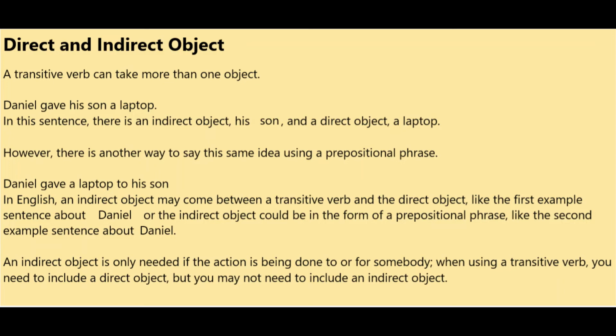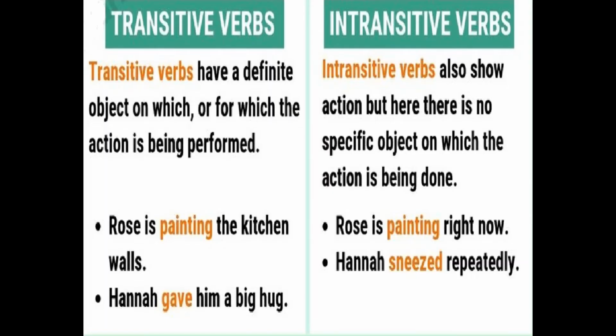Now we are going to see the difference between transitive verbs and intransitive verbs. Transitive verbs have a definite object on which, or for which, the action is performed. Already we have seen that transitive verbs have an object and in some cases two objects also. Here is another example.